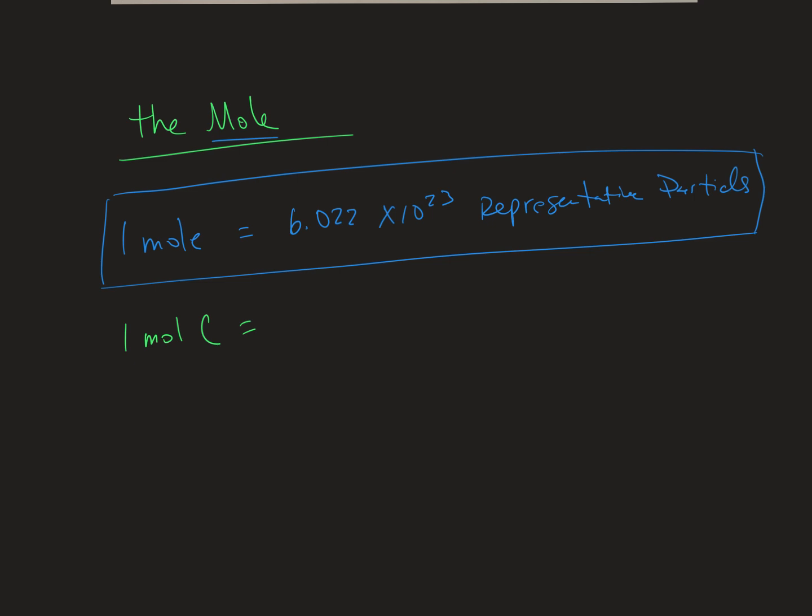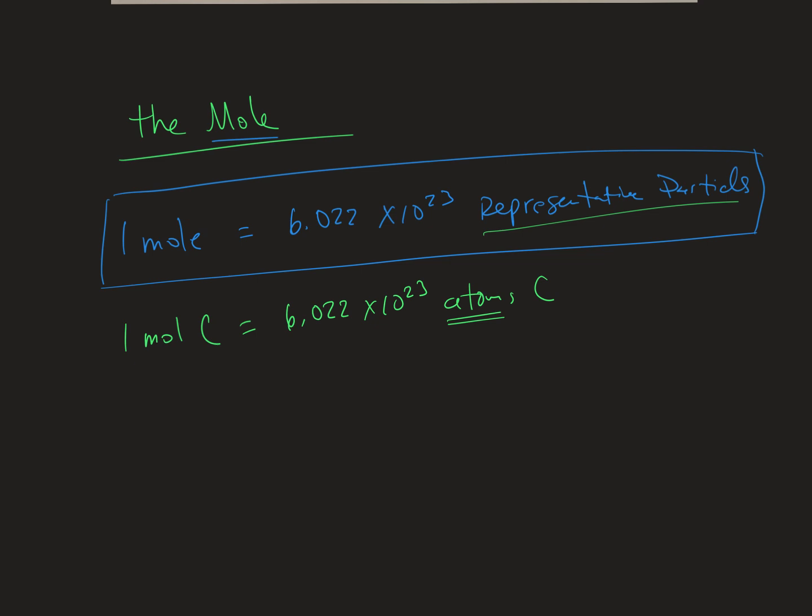So that means 1 mole of carbon is equal to 6.022 times 10 to the 23 atoms of carbon. So in this case, atom is the representative particle. You with me? Depending on what we're talking about, we might have a different representative particle.